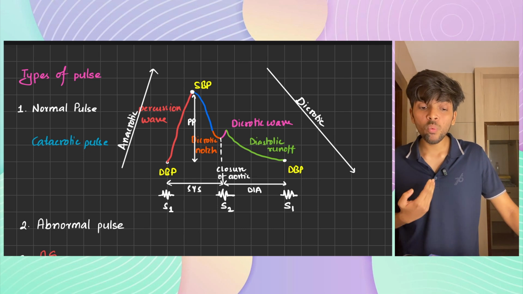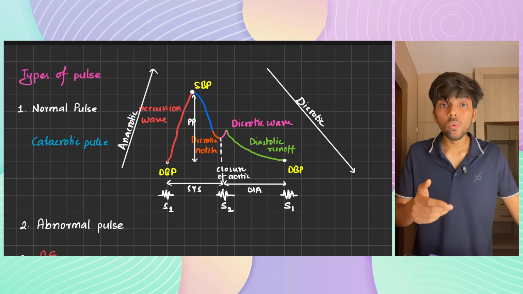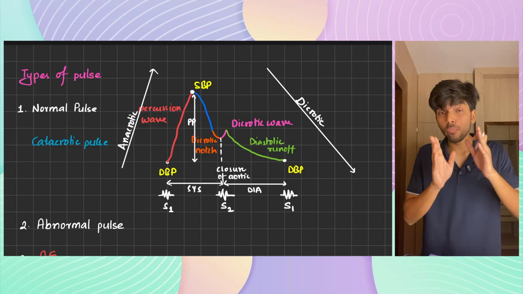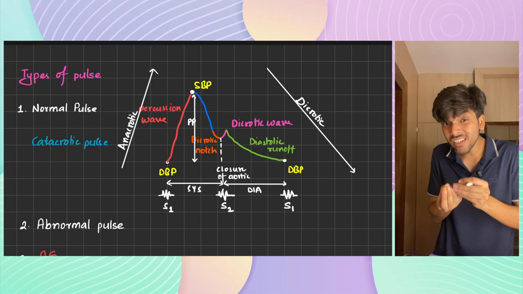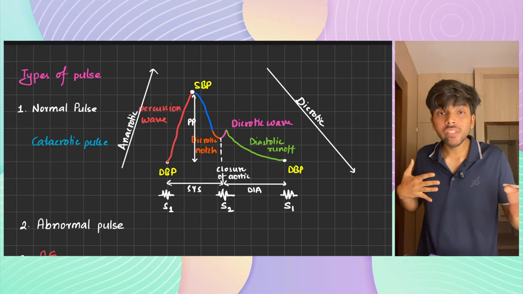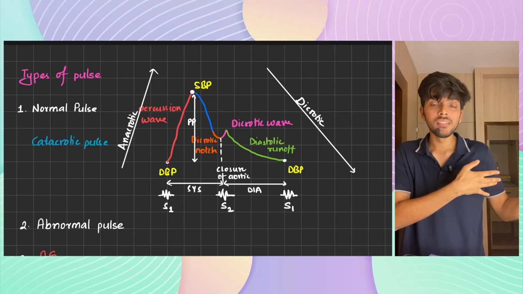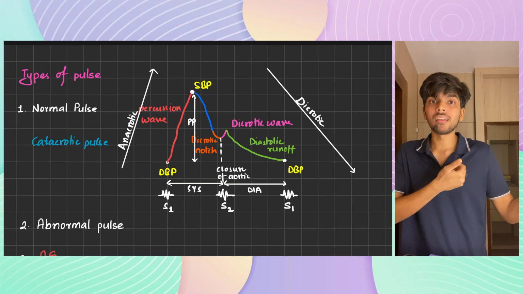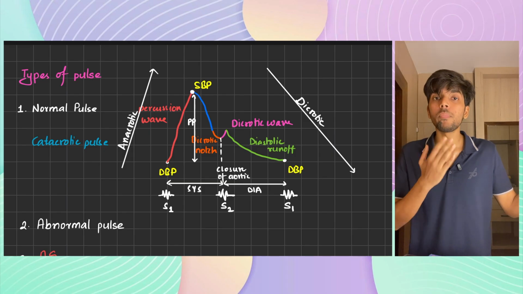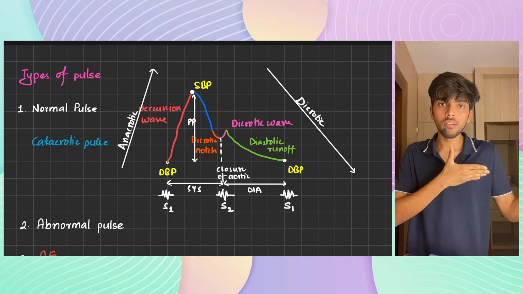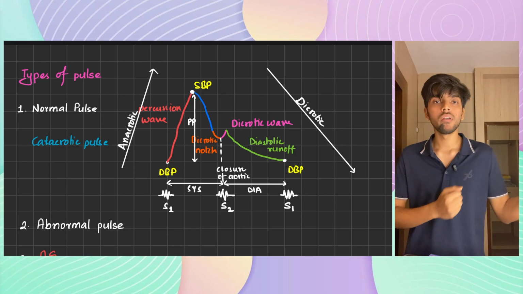As the percussion wave travels forward, it is going to collide with arteries at the points where the arteries bifurcate, and at the points where the arteries become smaller, the wave is going to collide. After the percussion wave collides, it returns back or reflects back. So you have two waves, the percussion wave moving forward and the reflected wave moving backward.